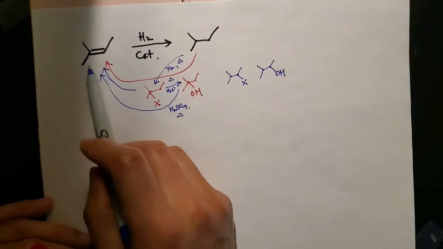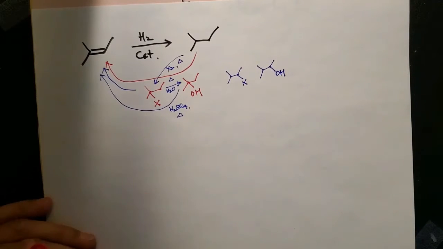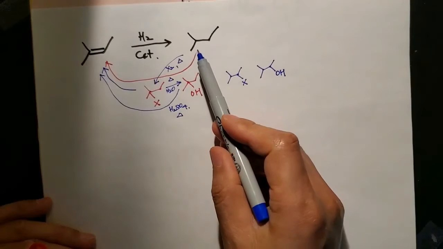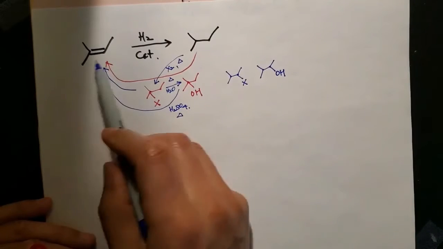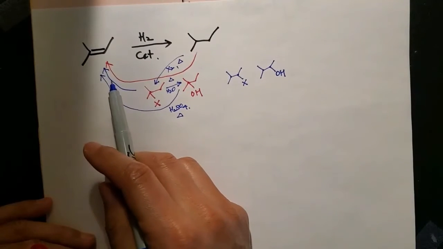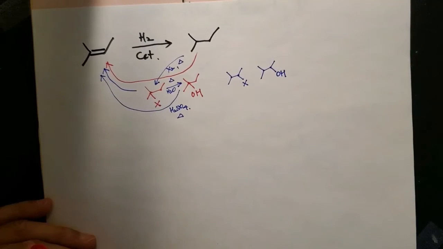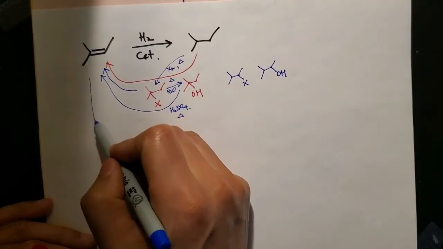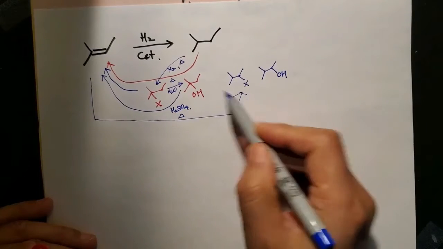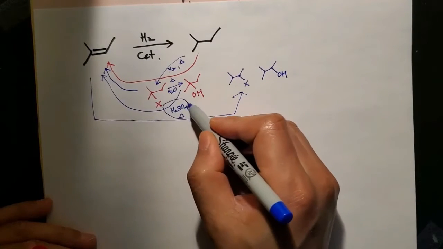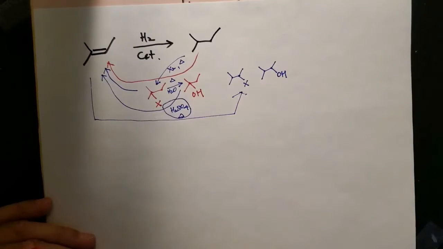So you must get there. We practiced it a couple times, but it's such an important concept, so I'm repeating it again. By doing all of these, you can get there, and from there, it's easy for you to form these things by doing anti-Markovnikov addition, right? This way. This reaction is for this step right there.